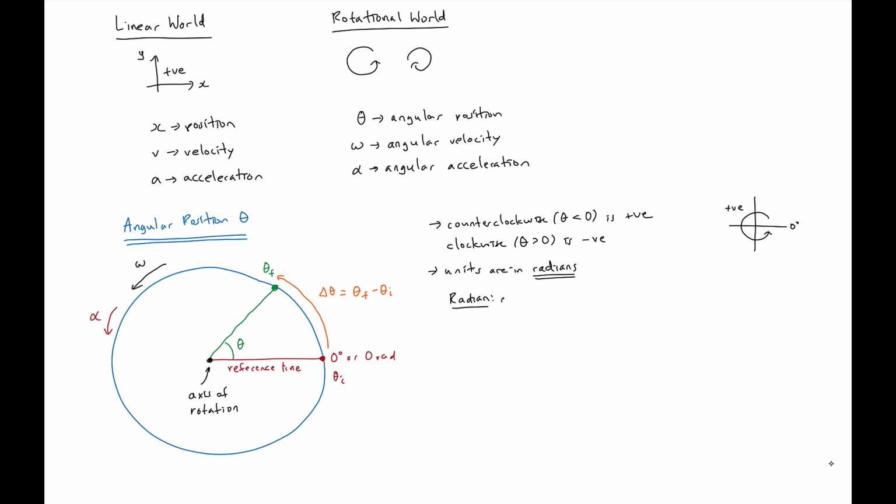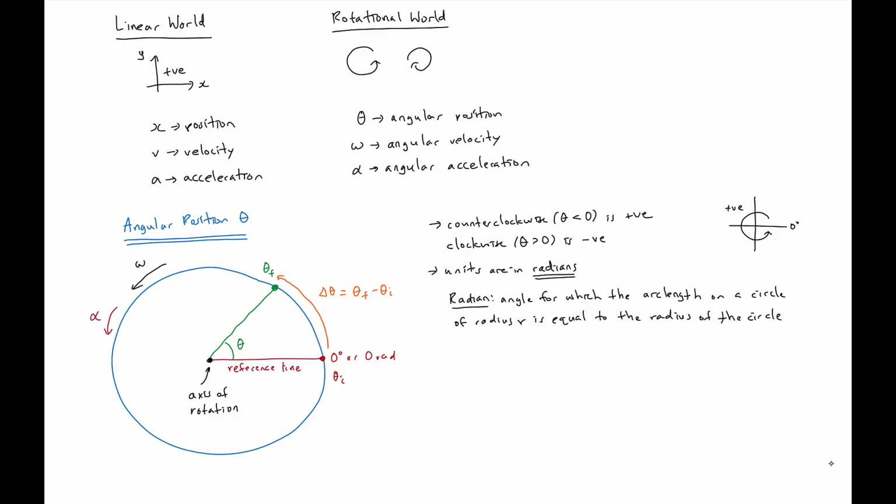So a radian is the angle for which the arc length on a circle of radius r is equal to the radius of the circle.